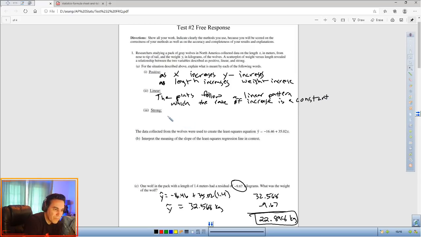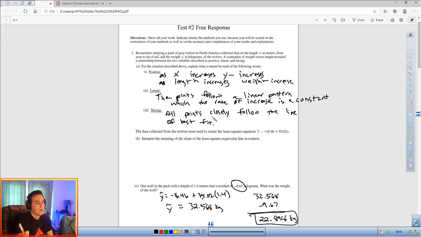And then strong meant that all the points closely follow the line of best fit. So they follow the line of best fit closely, right? That would be what our link for strong is. So that was just some in context questions.